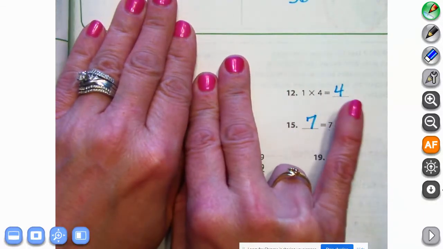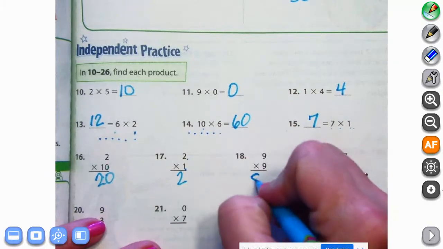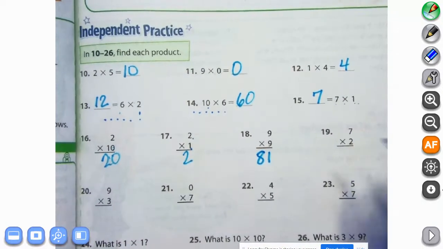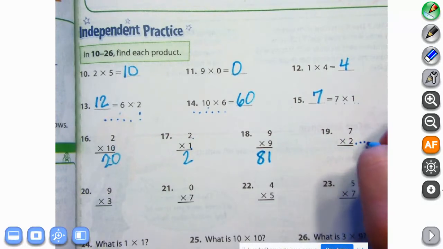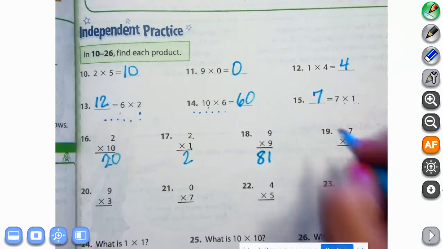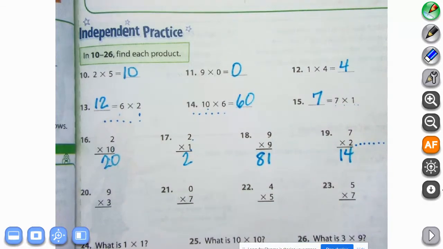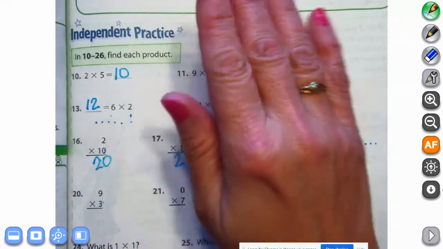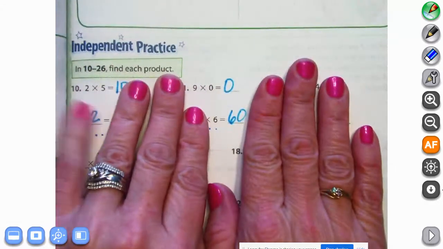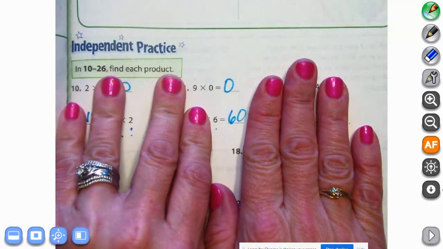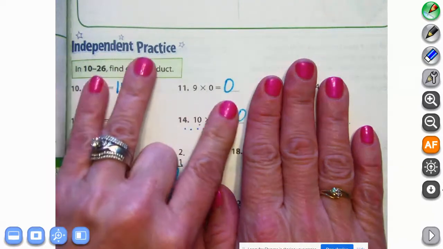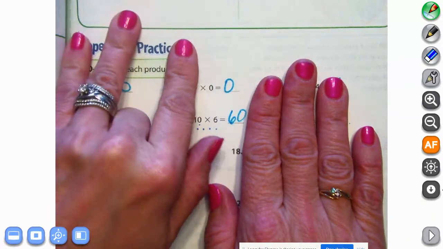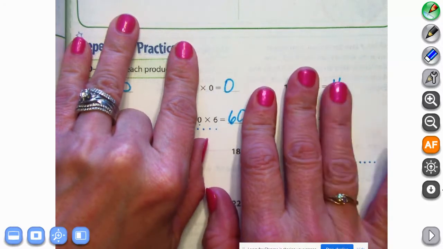And how many ones? 1. 7 times 2, 2, 4, 6, 8, 10, 12, 14. 9 groups of 3. 1, 2, 3. Put the third finger down. 20, 21, 22, 23, 24, 25, 26, 27.